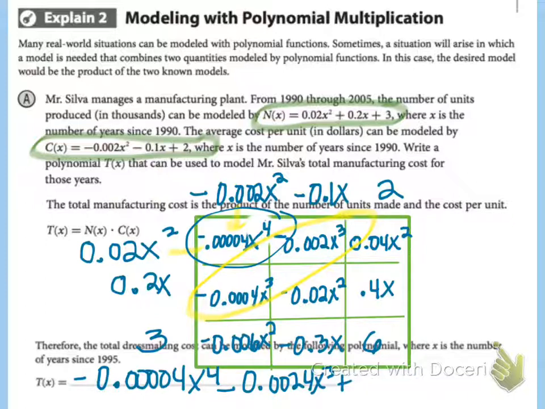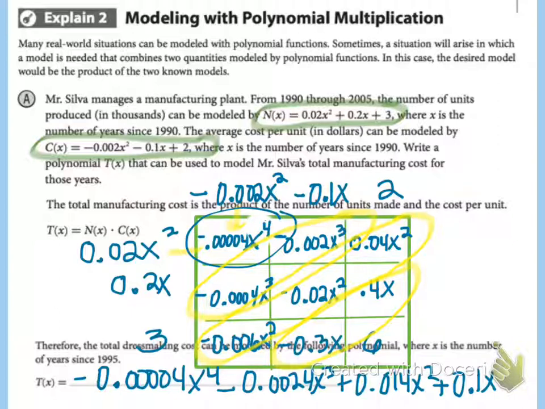And then I put the next like terms together, so there's 3 x squared terms. When I put those together, I got 0.014x squared. And then when I put the x terms together right here, I got plus 0.1x, and then finally the constant term, which is plus 6.